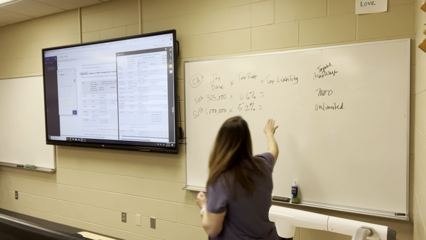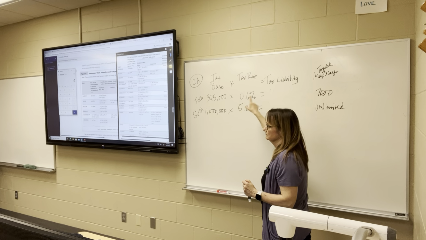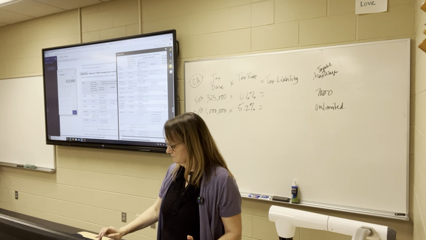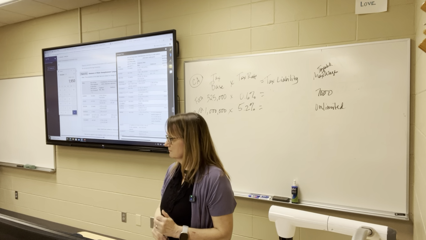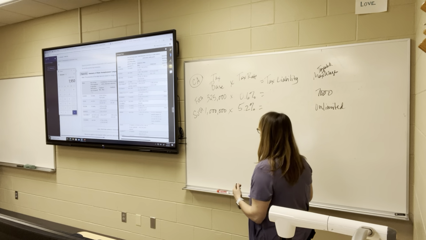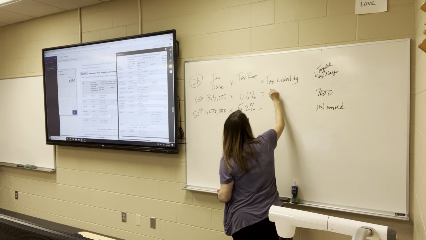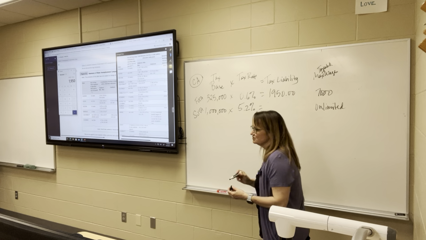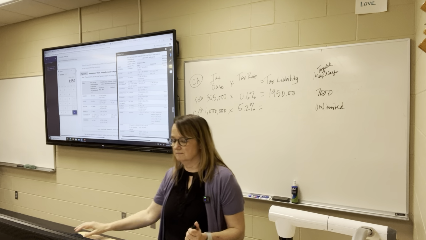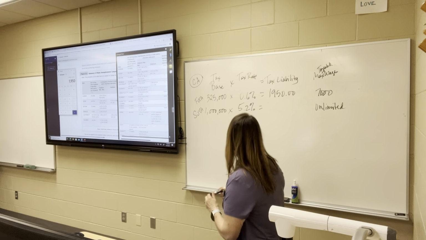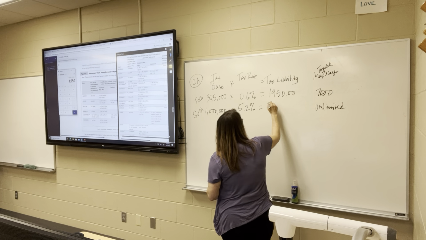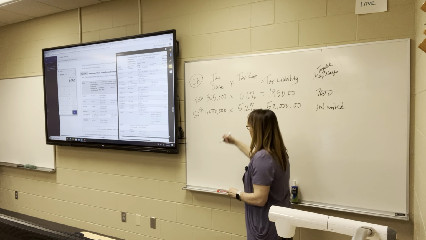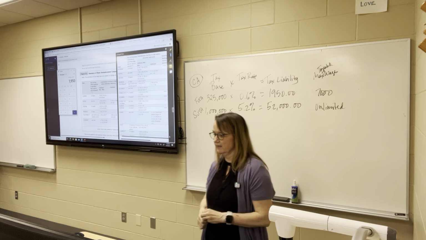How much tax do they owe? $19.50. How much SUTA tax do they owe? $52,000. Because that's not capped. No cap.